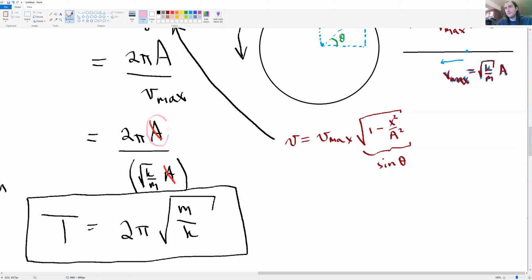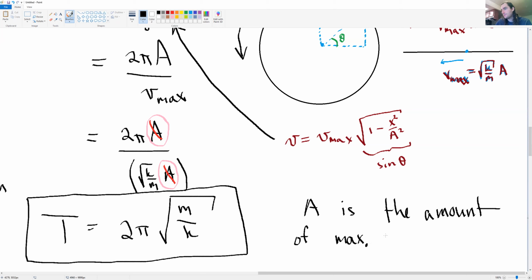And that's this right here: the amplitude A, the amount of maximum stretch or compression.